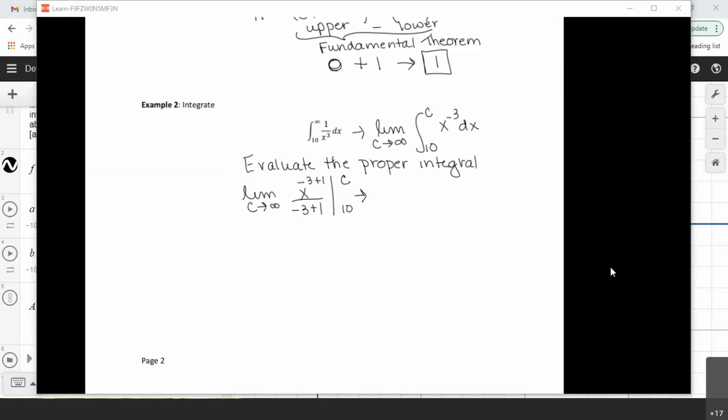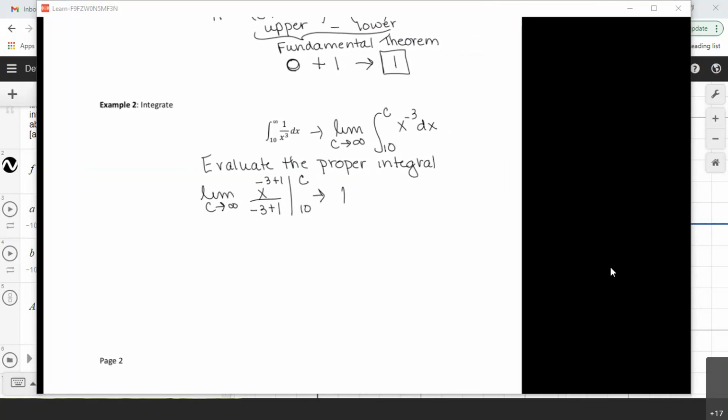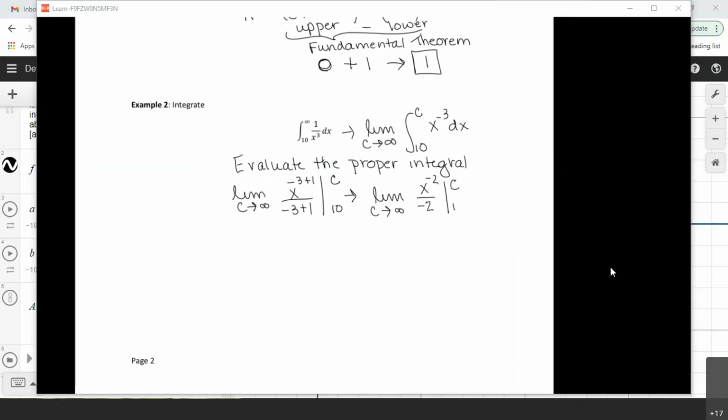Okay, cleaning up the numbers a little. This is -3 plus 1 is -2, and a -2 down here. All right, and taking it one step further, this would be a 2 in the denominator.